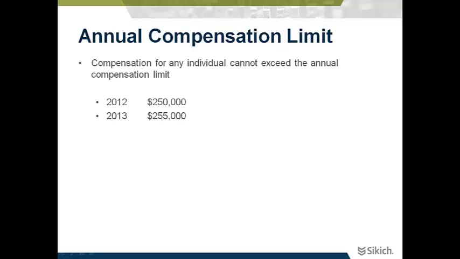And if a participant has compensation in excess of the dollar limit on compensation, then we're going to ignore that excess amount. The limit is adjusted each year for cost of living increases. And for 2013, the limit is $255,000. So it's important to keep in mind that there is a dollar limit on plan compensation.